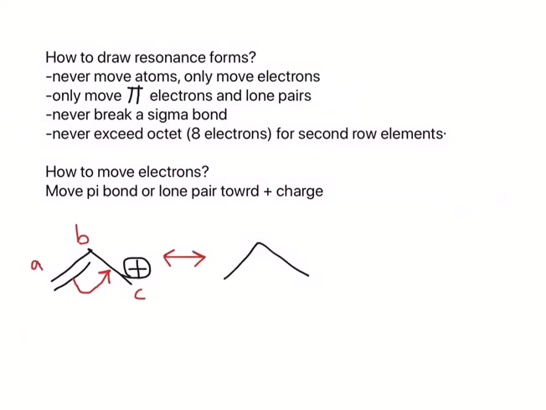So I can move this pi bond toward the positive charge. The pi bond breaks and it forms a pi bond between B and C, and the positive charge will be on A. So these two are resonance contributors.